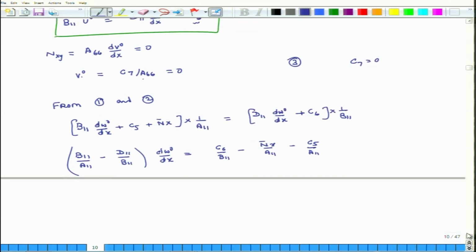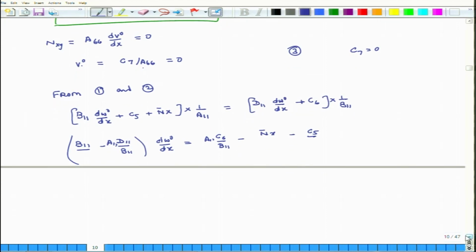And if I multiply this entire equation by A11, it goes away from the denominators and appears in the coefficient.